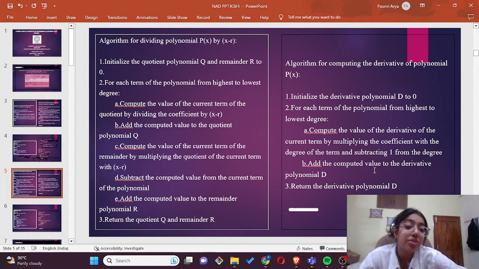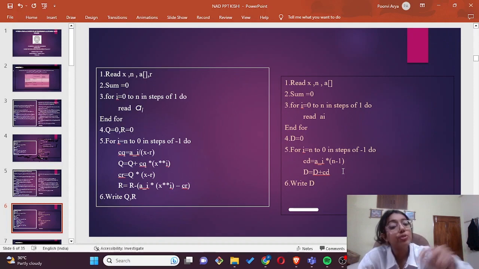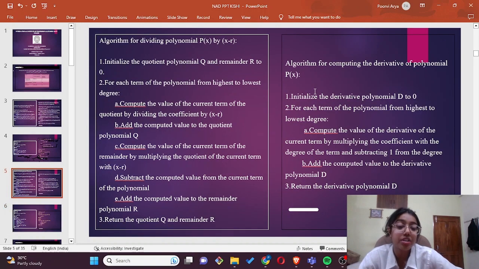Add the computed value to the derivative. Then this computed value is added to the derivative d and then stored in d. This step goes from n to 0. It goes from an xn to a0, and then we write the value of d. So this is how the first question's algorithms are solved.